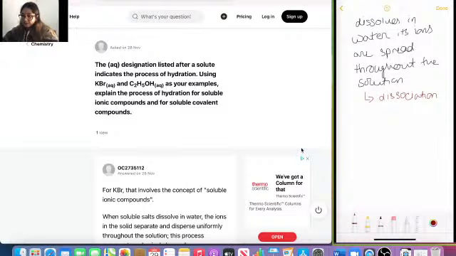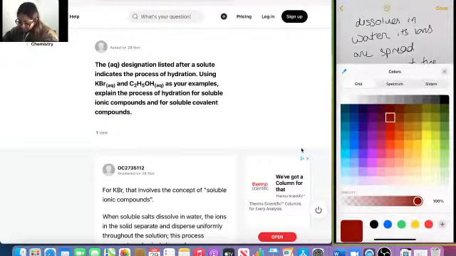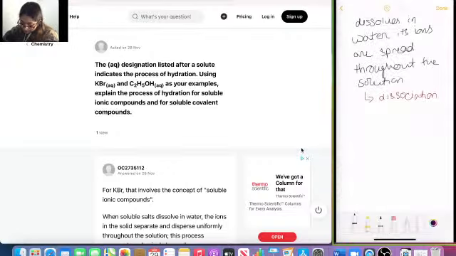Okay, and so let's say for example we have potassium chloride. This is our salt.